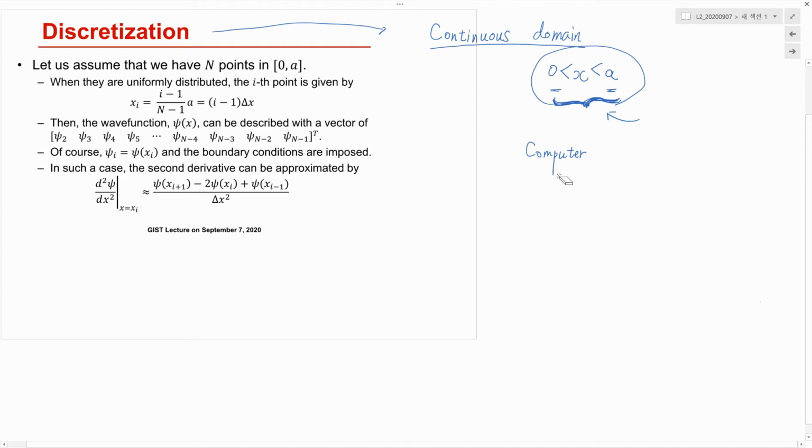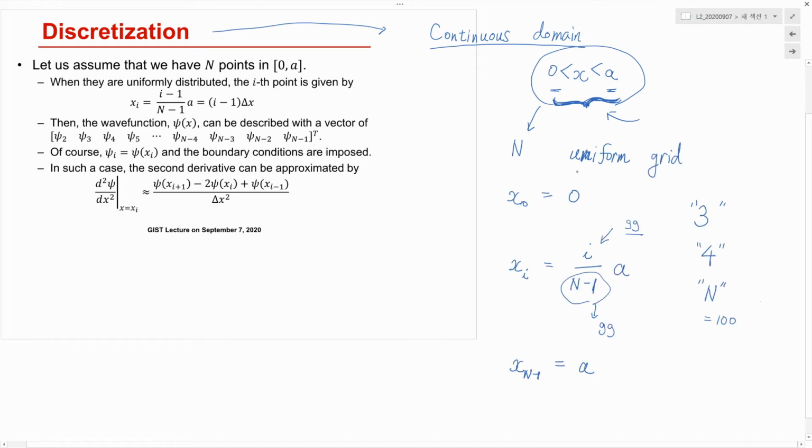For example, how can we discretize the domain from 0 to a? The simplest way, with the number n, would be just to introduce a uniform grid. For a while, we will work with this uniform grid.